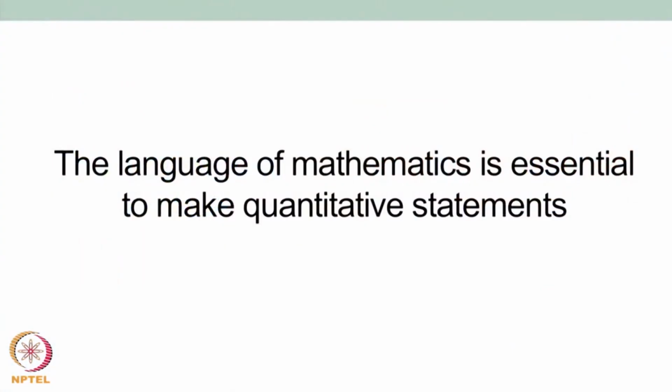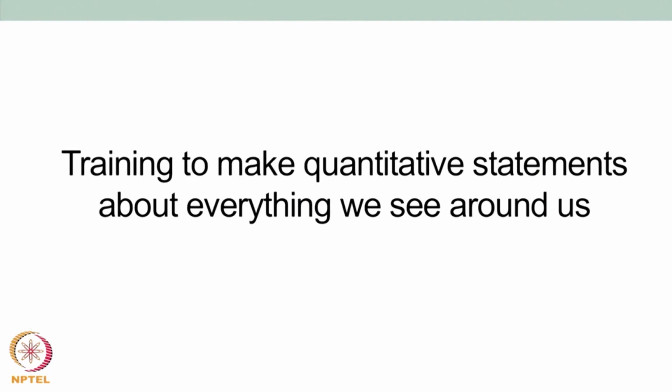As I said, mathematics is like a language, and the language of mathematics is essential to make quantitative statements. We need to train our brain to make quantitative statements about things that we see around us, and to think about the things we see around us in a quantitative manner.